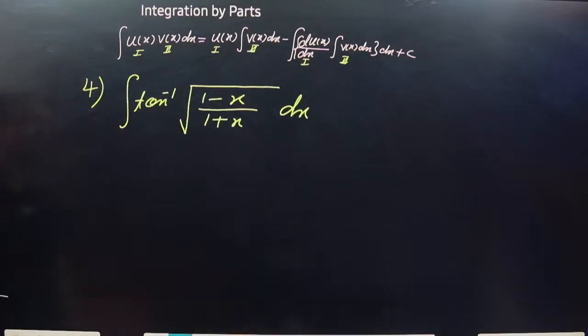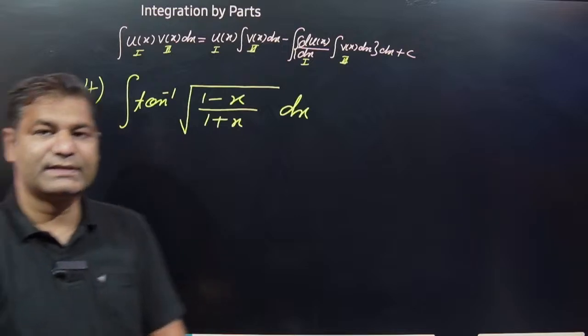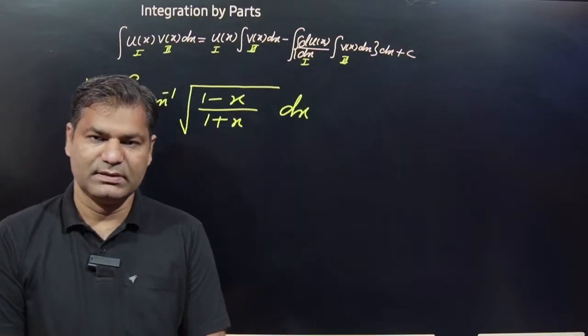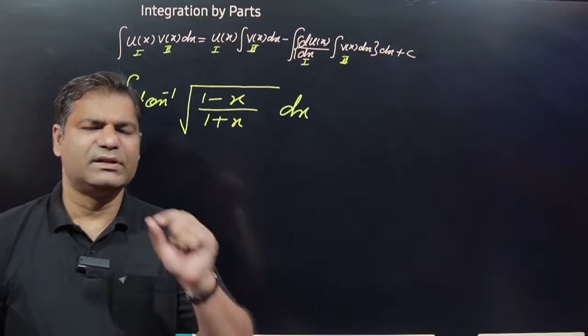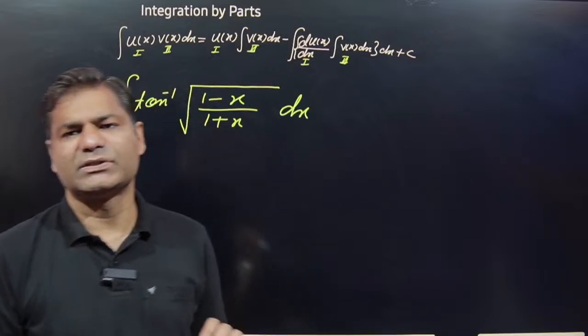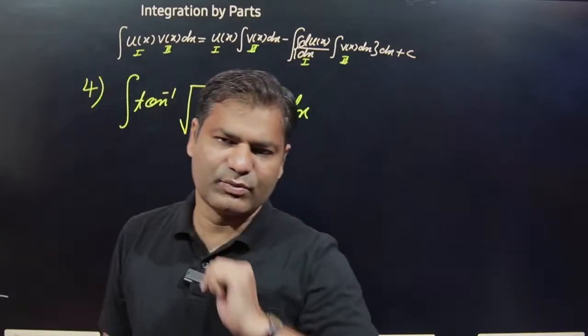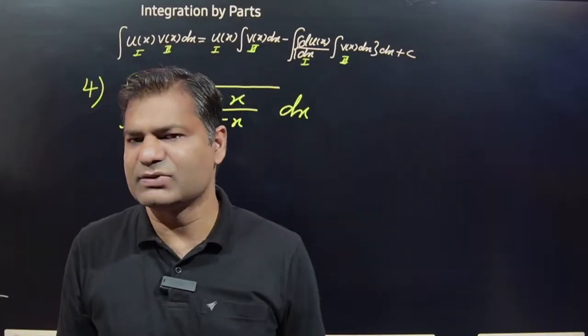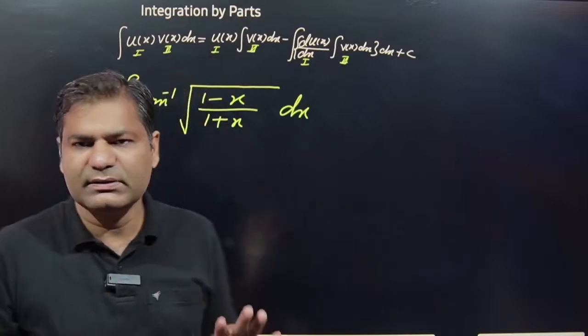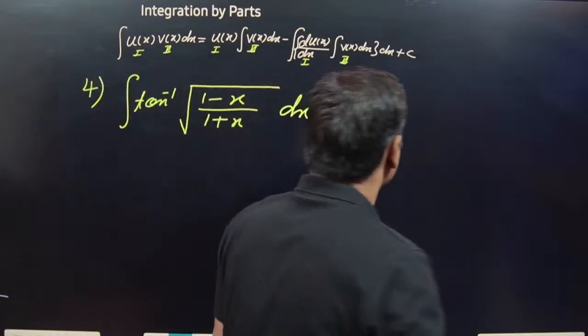How can we solve this type of problem? Simply look here very carefully. In this type of problem, tan inverse under root 1 minus x upon 1 plus x, always take x as cos theta or cos 2 theta.